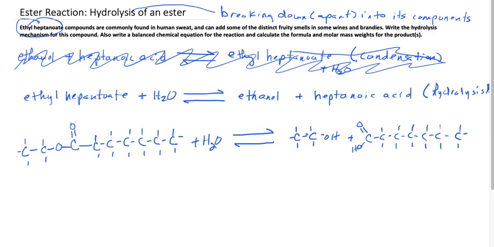Now if we think about this, remember we always have a catalyst. When we're up here, I guess I shouldn't have scribbled through that, but you can still see this right here. So ethanol plus heptanoic acid. We've always written the hydrogen ions, and then there was some heat to help drive the reaction.